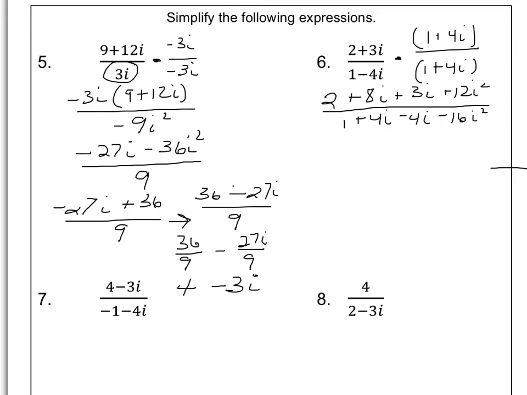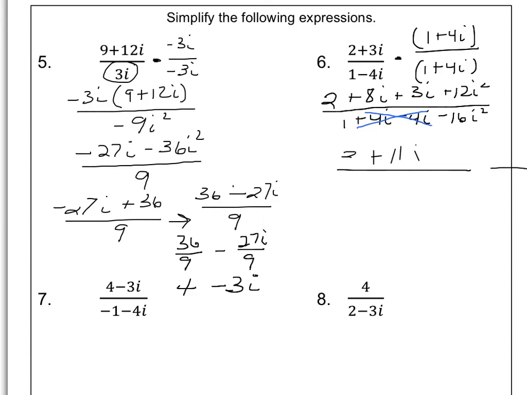And you'll notice, if you look at the bottom, these two middle terms, 4i and negative 4i, are going to cancel out for us. Okay, so as I look at this now, on the top, I'm going to have 2. 8i and 3i is 11i.